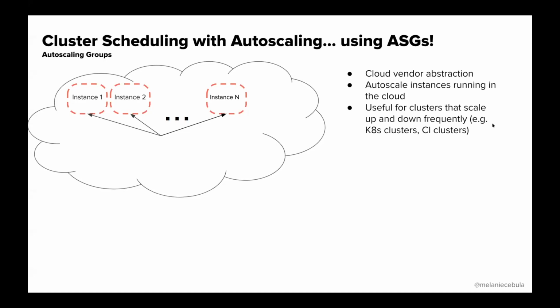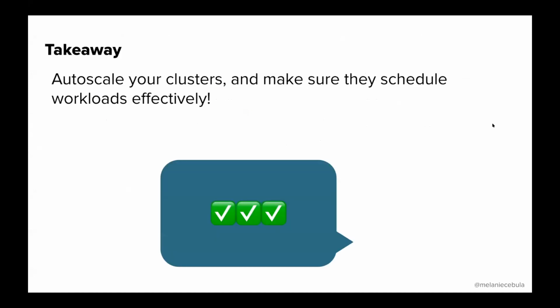Even in a world where you don't use Kubernetes, you could have a collection of instances for your service running on bare VMs. You could also autoscale that up and down as well. So autoscale your clusters and make sure they schedule workloads effectively. You're not going to get any cloud efficiency wins if you don't autoscale the underlying clusters.